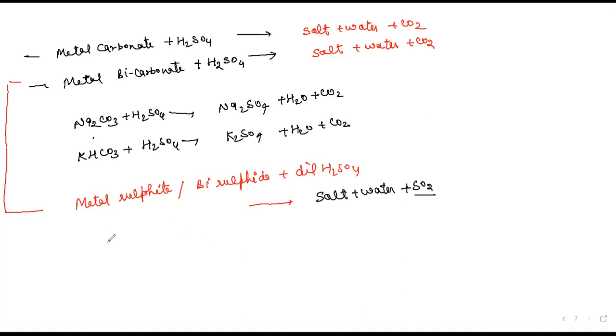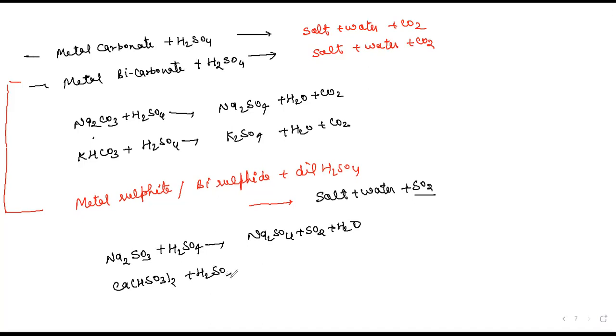So Na2SO3 plus H2SO4 will give Na2SO4 plus SO2 plus water. In the same way, if it is Ca(HSO3)2, calcium bisulfite, again it will give CaSO4, that is salt, plus water plus SO2.